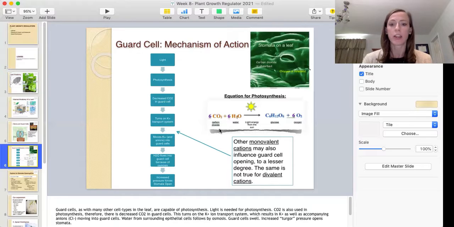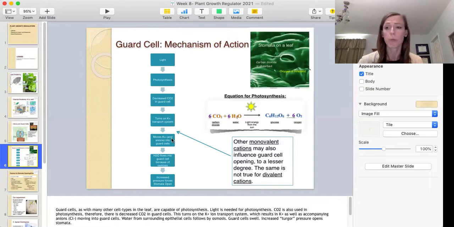So when you have a decrease in carbon dioxide in that guard cell, it's going to turn on open channels that allow for potassium to move into the guard cell. And then other ions will accompany potassium. You'll notice that potassium is a monovalent cation, and it will often be accompanied by the movement of a monovalent anion, usually chloride.